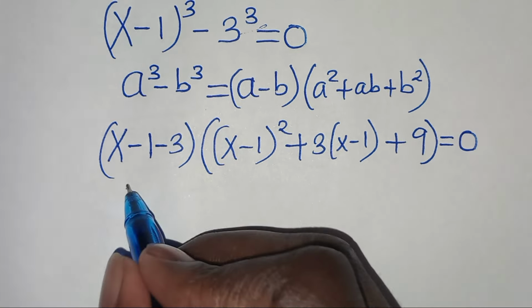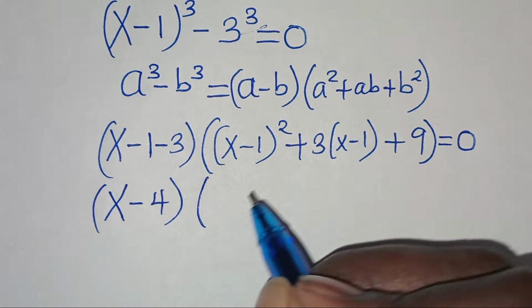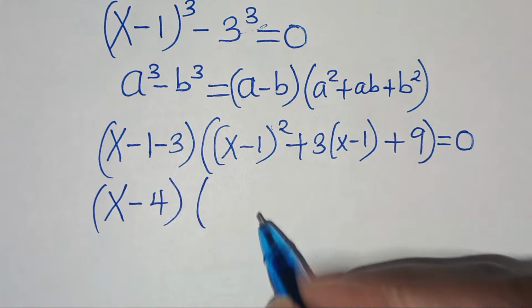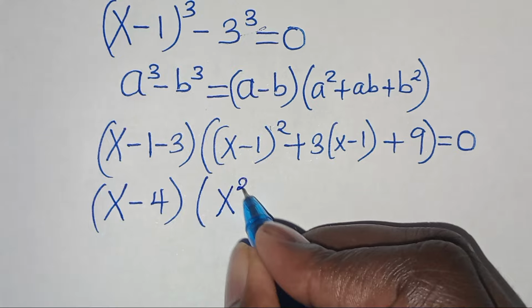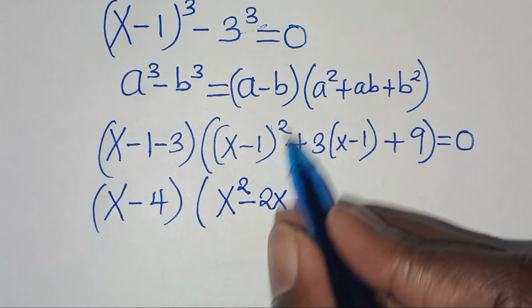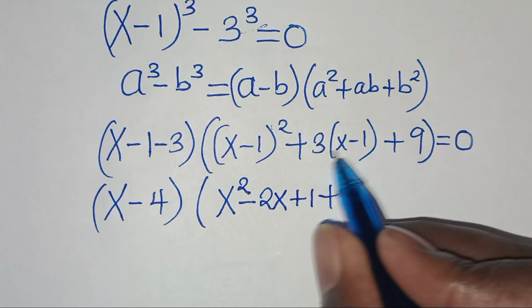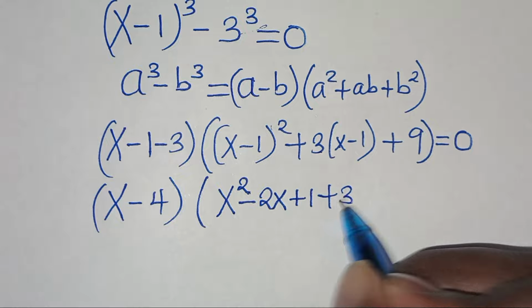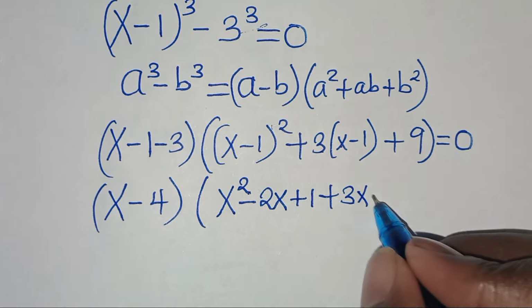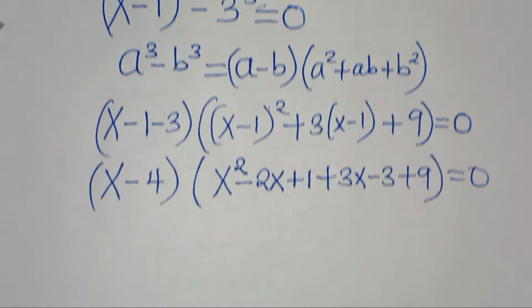So this is x minus 4, then x minus 1 to the power of 2, which is x to the power of 2 minus 2x plus 1, then let's open the parentheses: 3 times x is 3x, 3 times minus 1 is minus 3, plus 9, equal to 0.